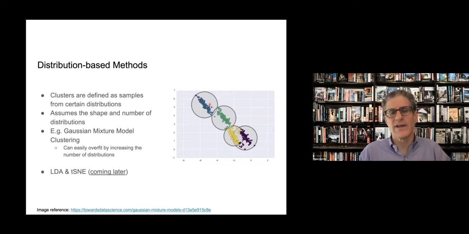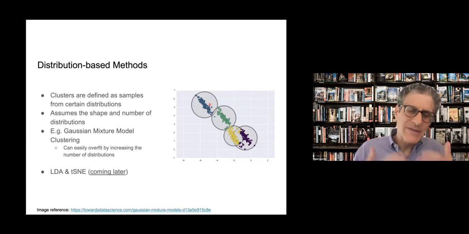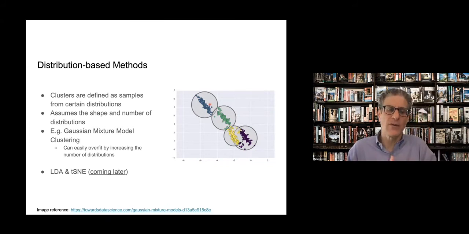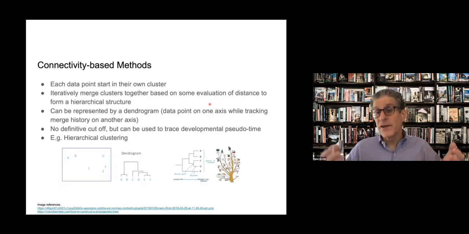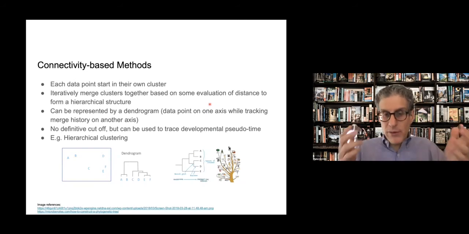So people often talk about Gaussian mixture models and so forth, and you could generalize this in all sorts of ways. We can see that the LDA model that we're going to talk about is kind of like one of these distribution type of approaches.